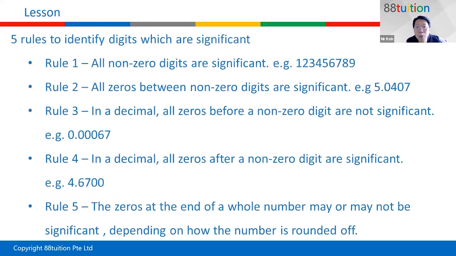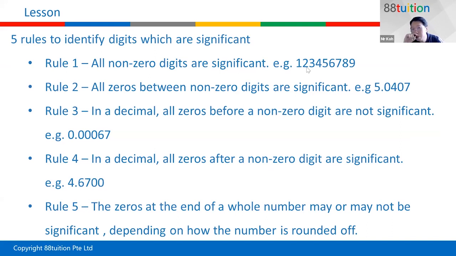The second part, this is the one that I'm not sure some of you understood or not, or whether your school has started. So I thought it's good that Mr. Go goes through this with you. So the first one, 5 rules to identify digits which are significant. Significant figures are as important as decimal places.